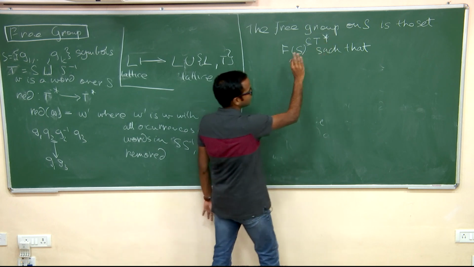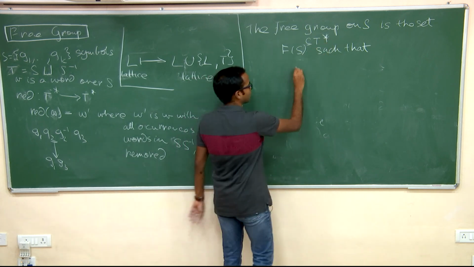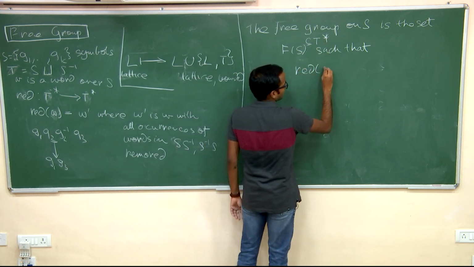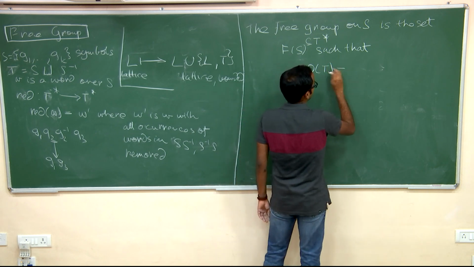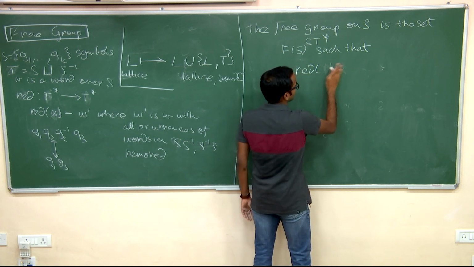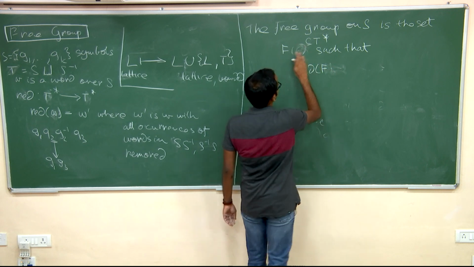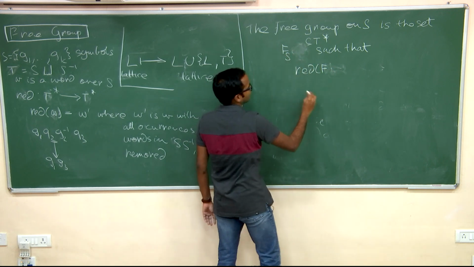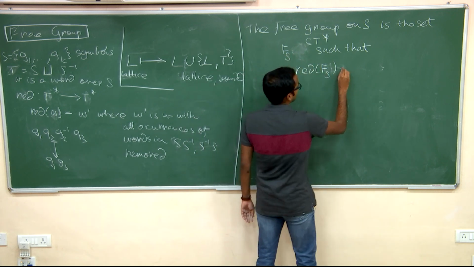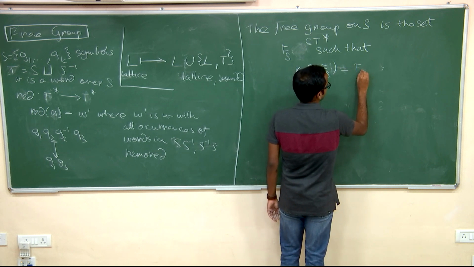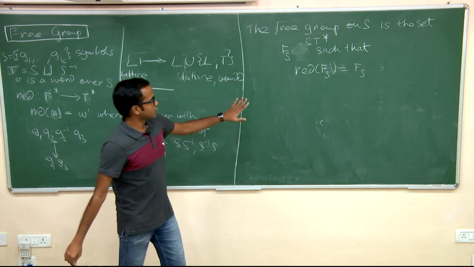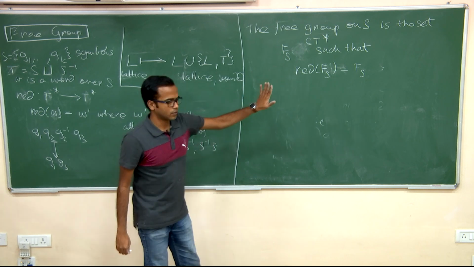It's a subset of T star such that when you apply the reduction operation, or I'll say Fs, the reduction operation does not change the set. Okay.